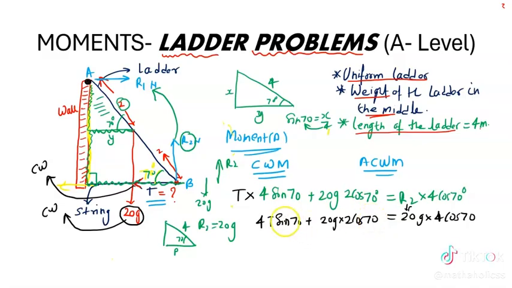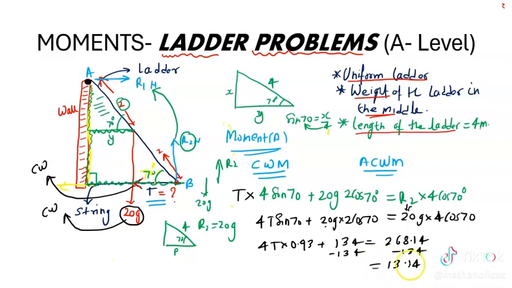Okay, let's put the values in the calculator. 4 sin 70 will be 0.93. 20 times G times 2 times cos 70 should be 134. 20 times G times 4 times cos 70 should be 268.14. If we subtract 134 from both sides, we are left with 134.14, and it is T times 4 times 0.93.